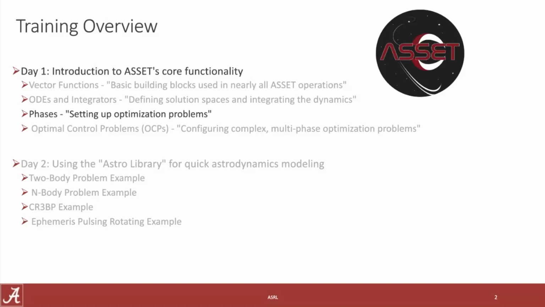I know we made it through the phases slides yesterday of this phase structure, but these are a very, very important structure within asset if you want to use this for optimizing problems. So we're going to go through just a quick rehash of this slide and then move on to the optimal control problems, because optimal control problems are just a way of patching multiple phases together.